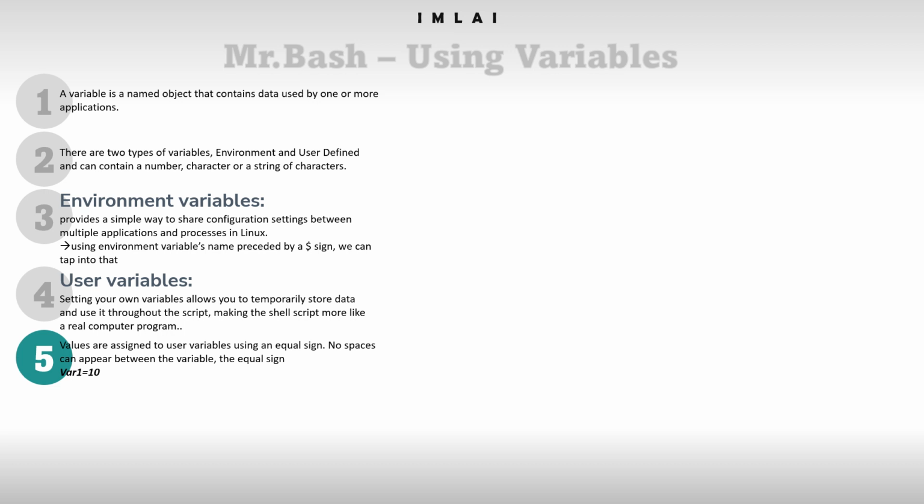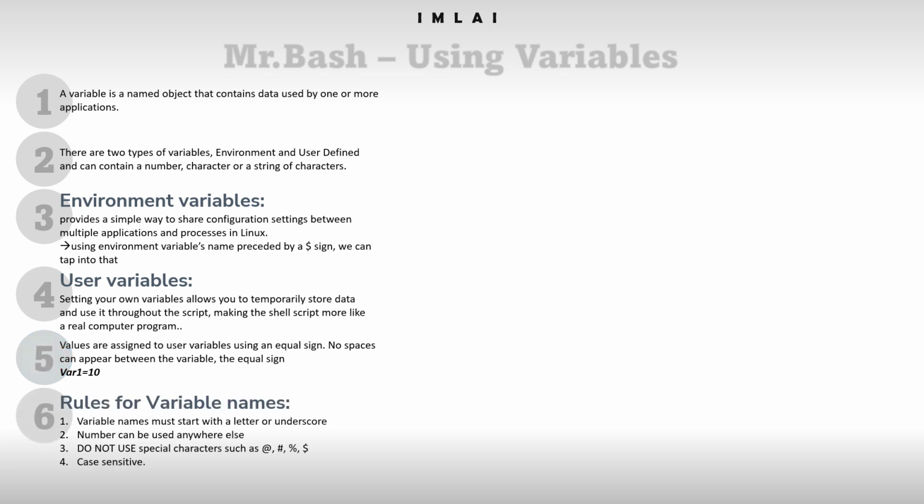So next let's look into various rules of writing or assigning these variable names. Because you are the one who defines the variables, you are the one who gives the names to these variables, so we should know what all the rules are. If you are a machine learning guy, an AI guy, or data scientist, you might have worked with Python. So by and large the rules are similar to Python.